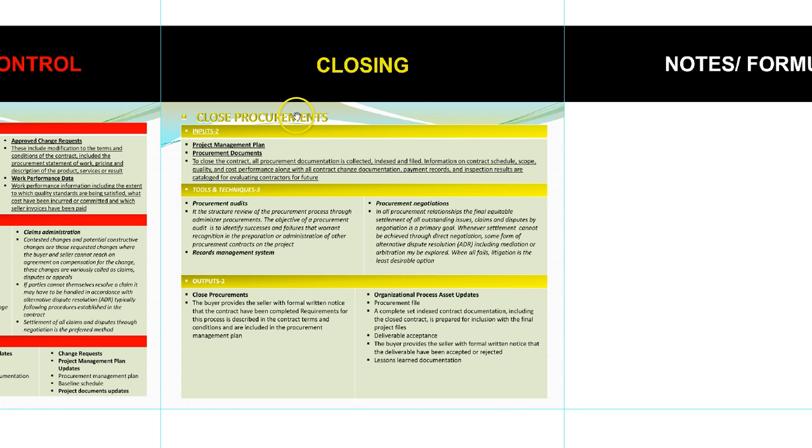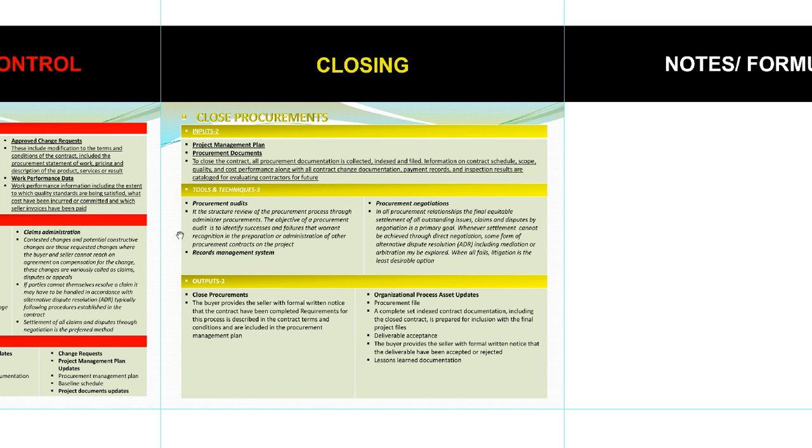Now, when everything is done and our company is satisfied with the work done by the contractors, the next thing is to close procurements. So we have to do procurement audits to see everything was done accordingly.